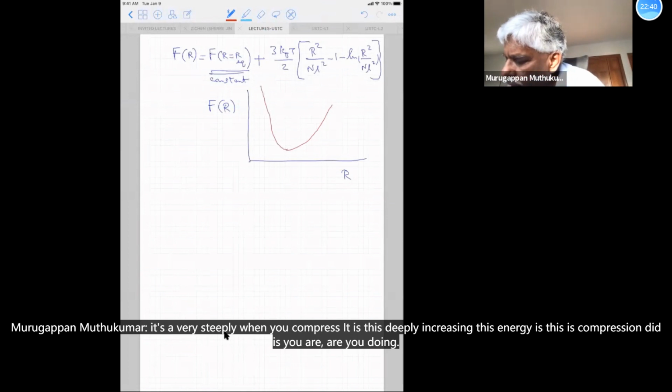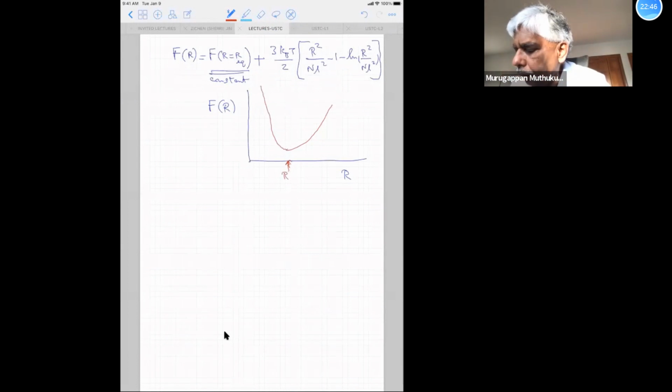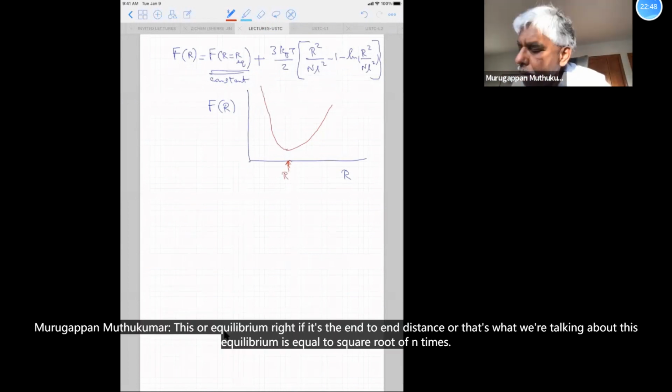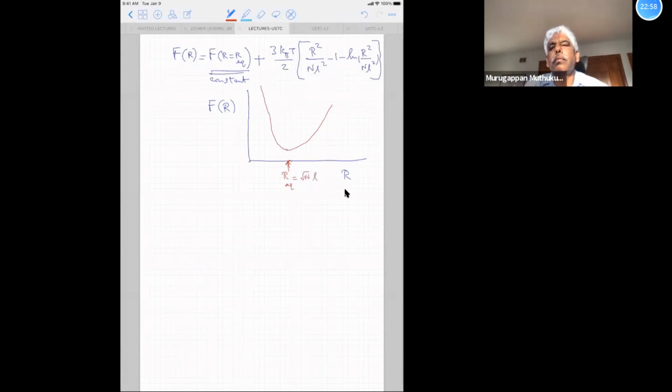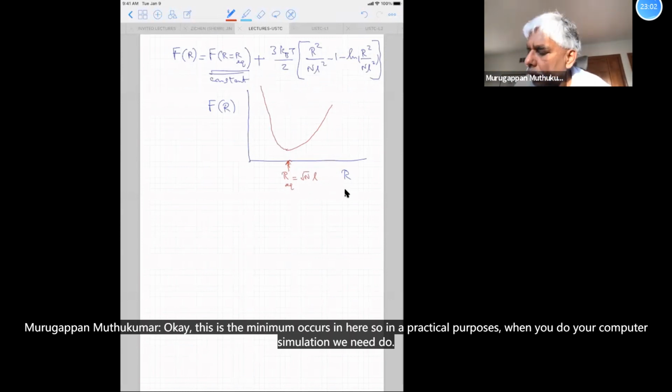The free energy resists compression, and this is your R equilibrium. This R equilibrium, if it's the end-to-end distance R, is equal to square root of N times L. This minimum occurs here.